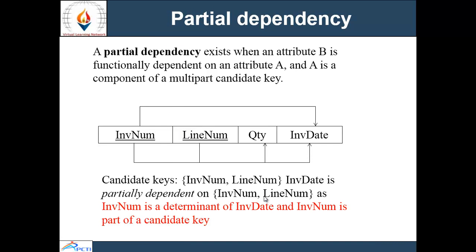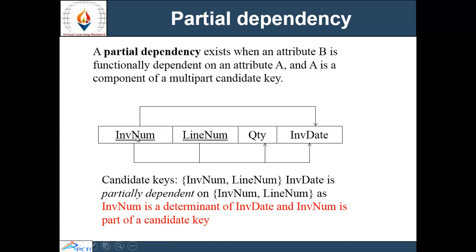Next is partial dependency. Partial dependency exists when an attribute B is functionally dependent on an attribute A and A is a component of a multi-part candidate key. For example, here the candidate key is invoice number and line number, and invoice date is partially dependent on the invoice number and is not dependent on the line number.